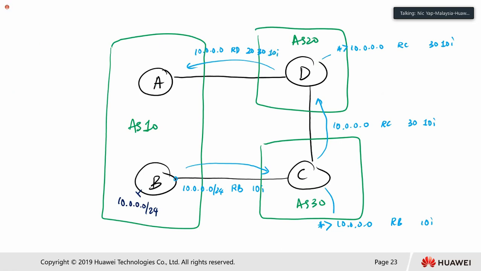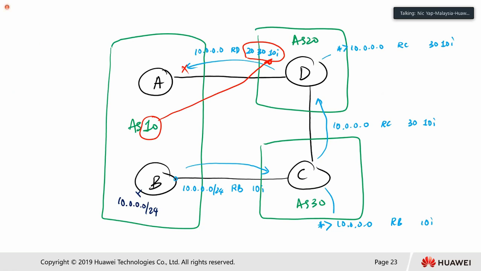10i. So when router A receives this information, I check your AS path and compare it with my AS. It matched, so I discard. As long as I see my own AS inside the update, I will not keep this information, because if I kept it a loop might happen.